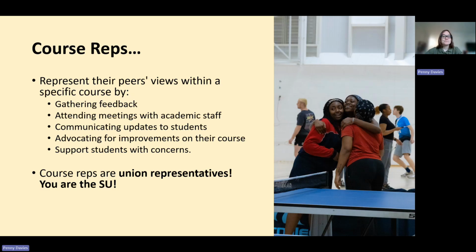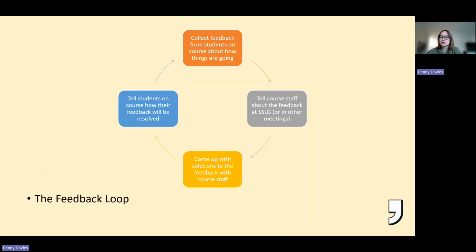So, the general life cycle of feedback. As a course representative, we like to call it the feedback loop. You as a rep will collect feedback from students on your course about how things are going. You'll tell course staff about it in your SSLG, and then you'll come up with solutions to the feedback with your course staff.